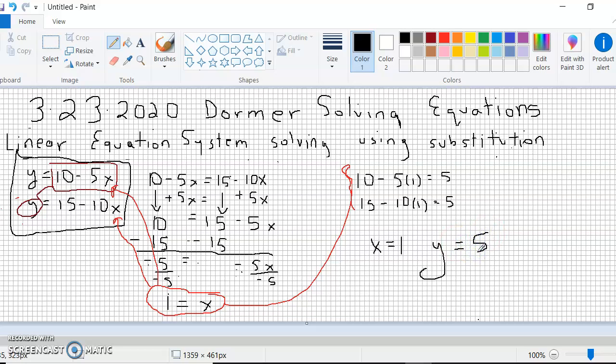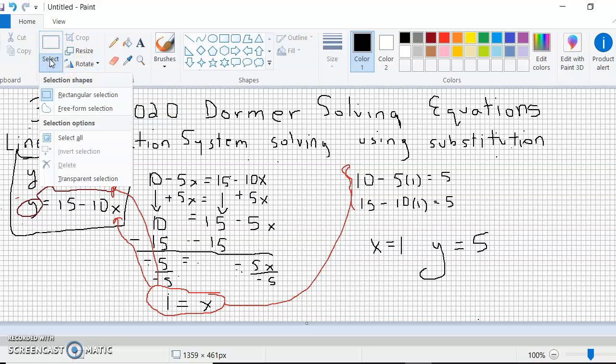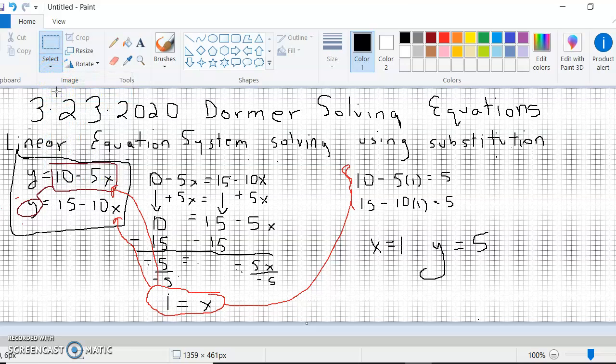Okay, so let's work on one in which we have a fraction associated with it. Okay, so I'm going to go ahead and erase this. And hopefully you can always pause it and write it down in your math notebook.